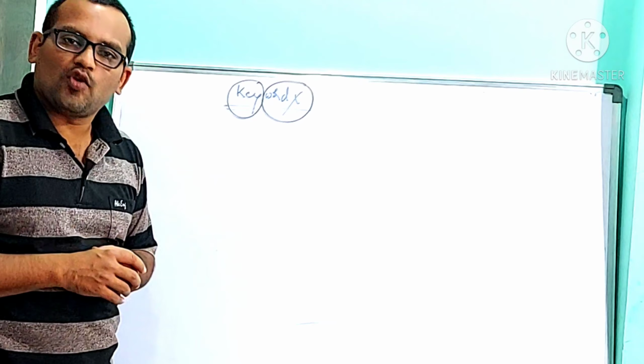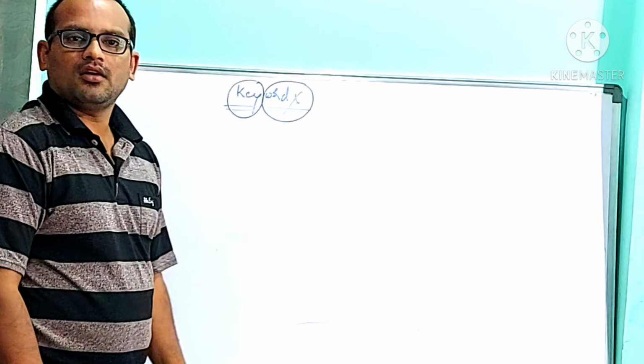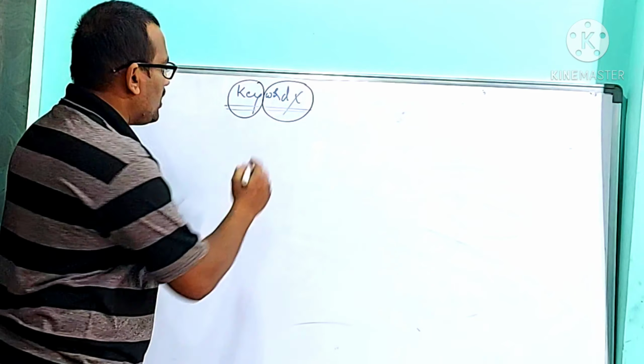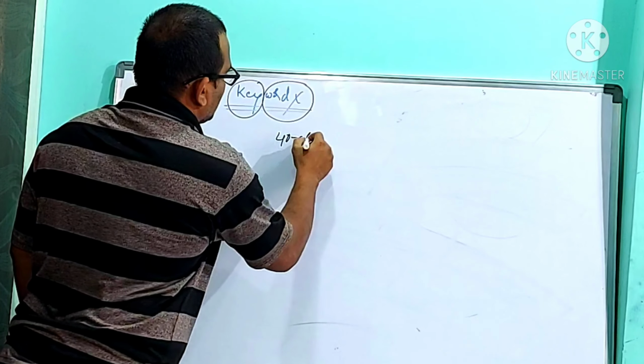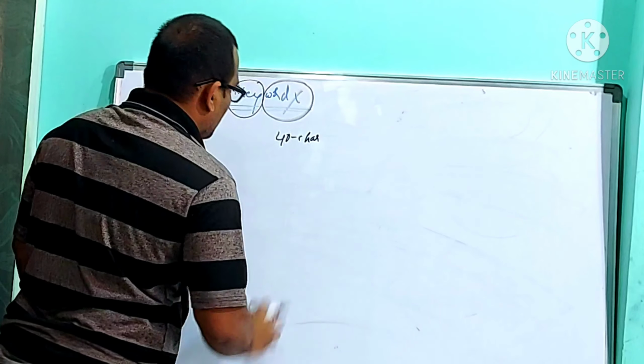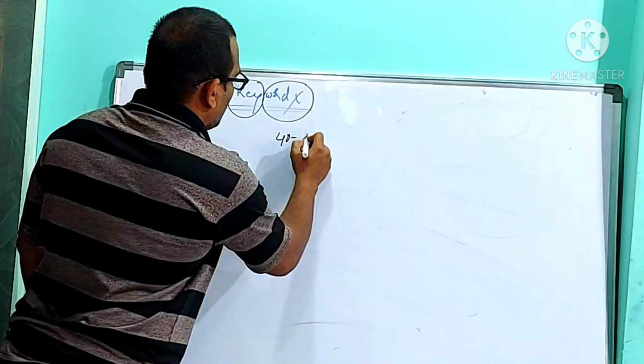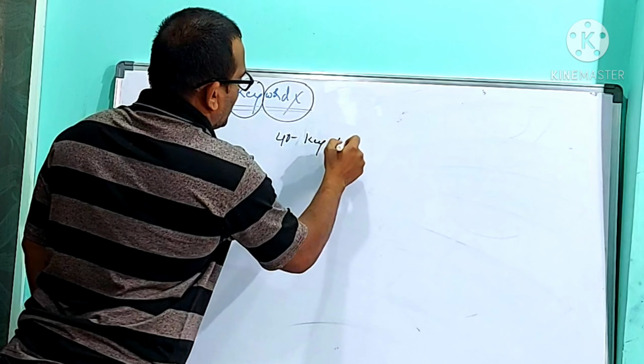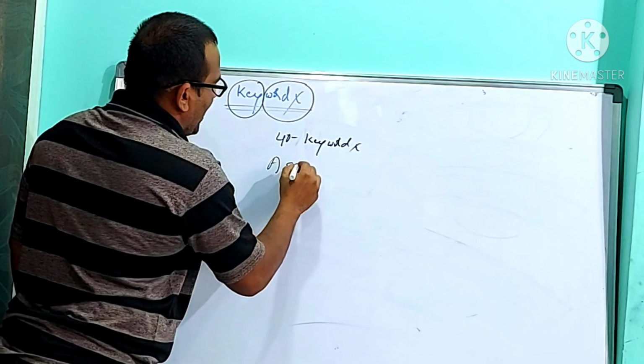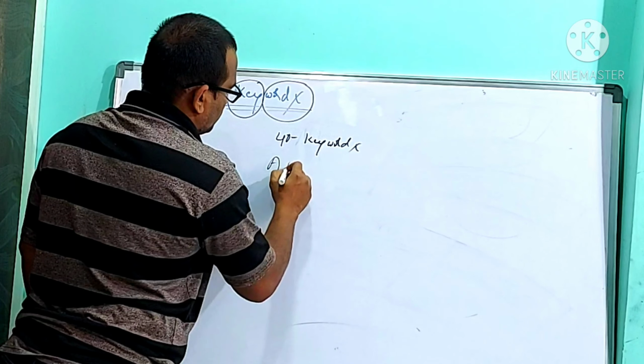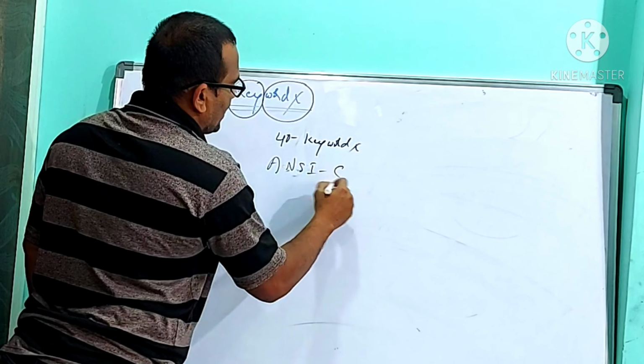In C language, how many keywords do we have? We have nearly 40 keywords in the C programming language. But we are using the ANSI C compiler.